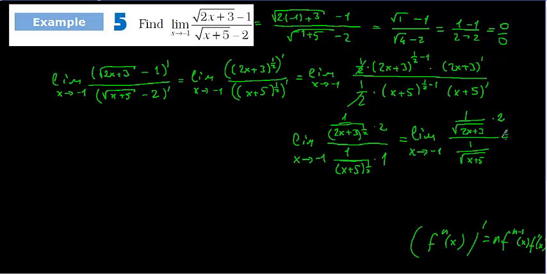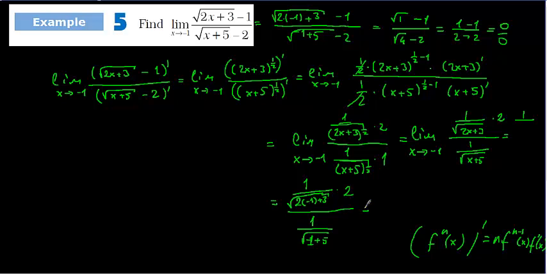Okay, the answer is going to be here. Now when you replace the x with minus 1 again, 1 over root of minus 1 times 2 plus 3, times 2, over 1 over root of minus 1 plus 5, times 1.